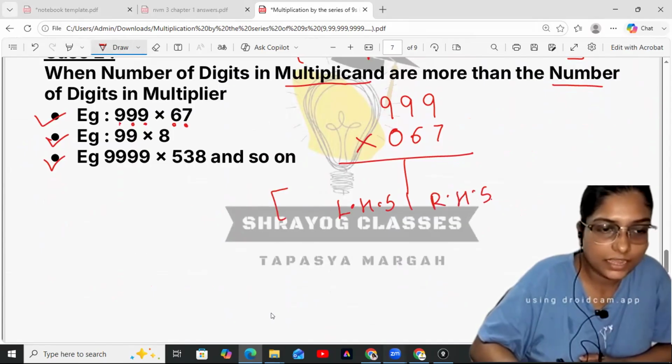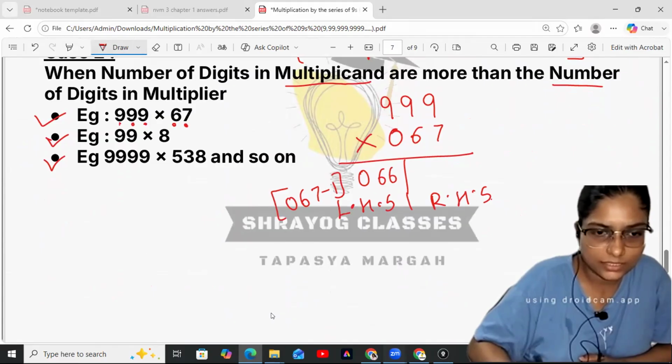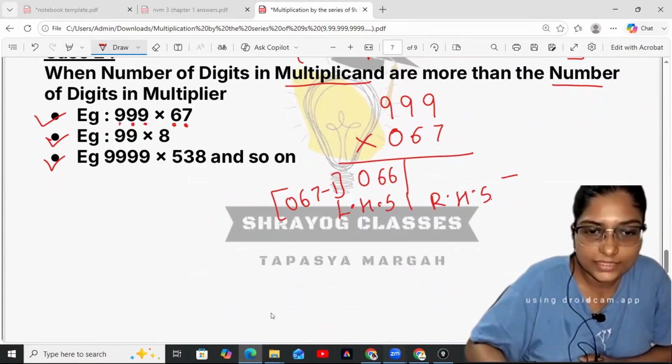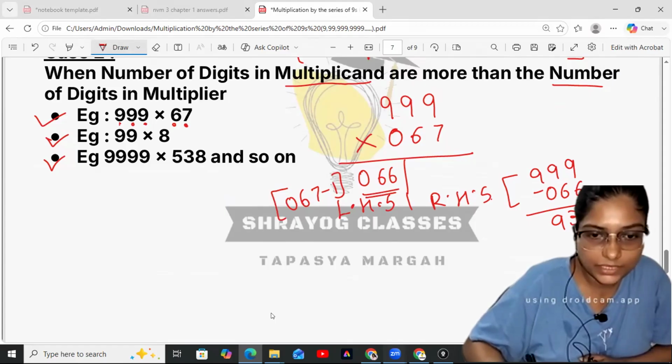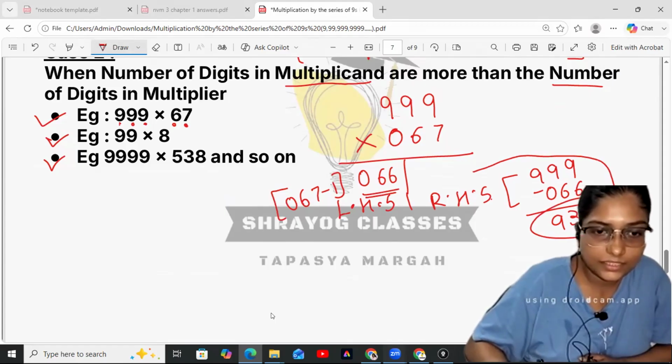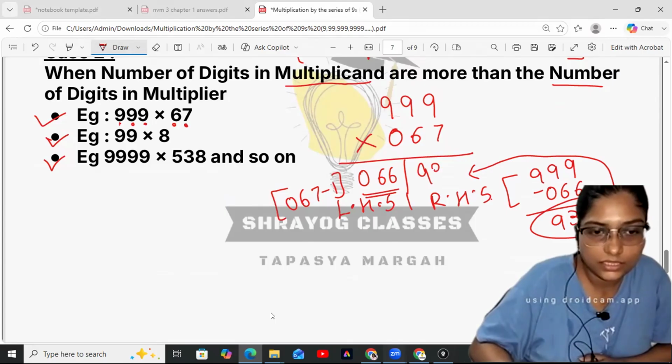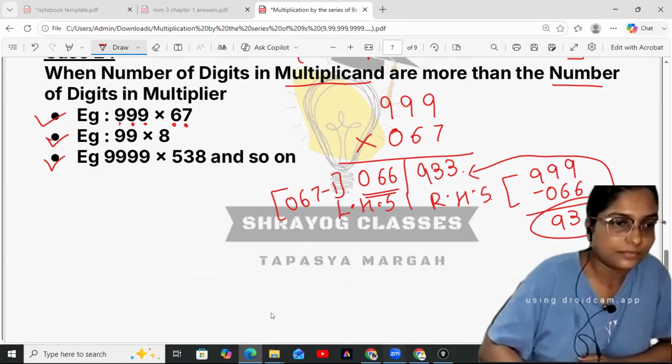On the left hand side, I will write 0, 6, 7 minus 1. I get 0, 6, 6. Now on the right hand side, I have to subtract the answer that I've got on the left hand side, which is 0, 6, 6, from the multiplicand, and the answer that I get here, I write on the right hand side.